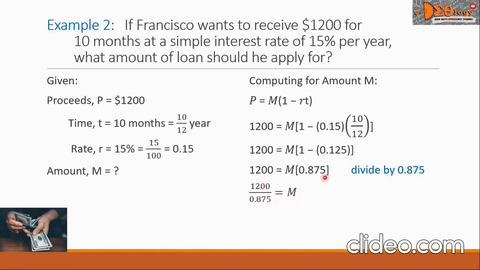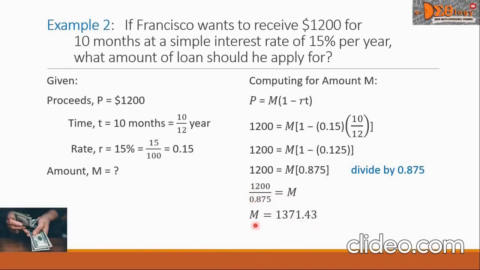The coefficient will be cancelled out. Using our calculator, we will get this 1,200 divided by 0.875. We will get 1,371.43.